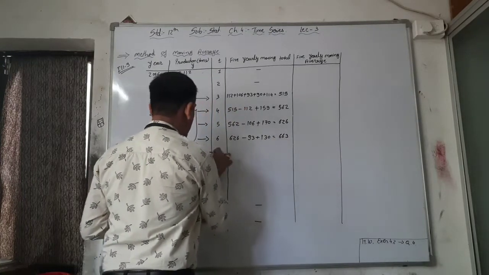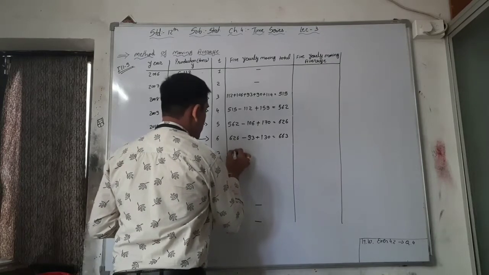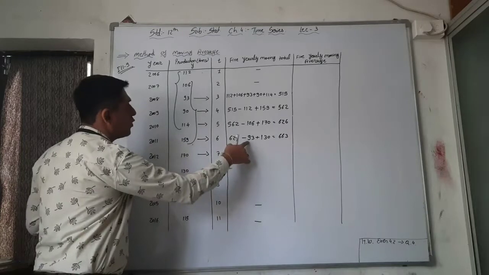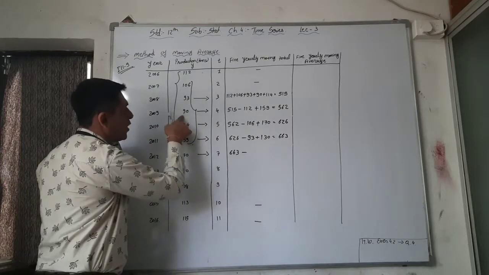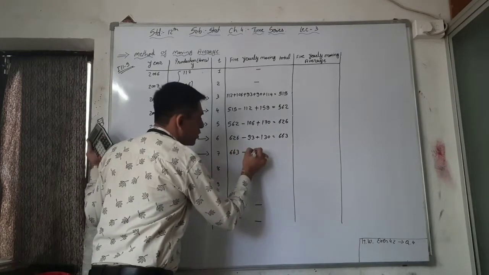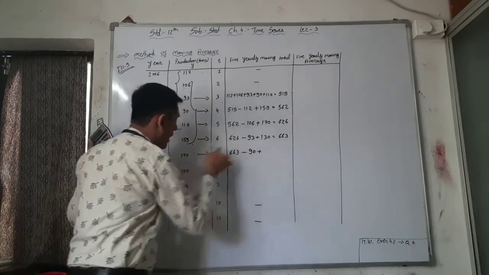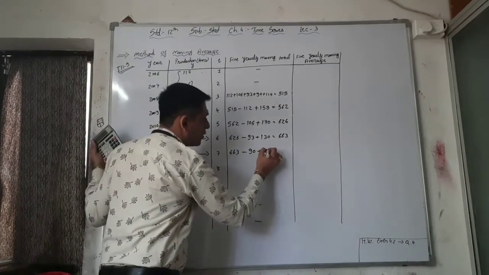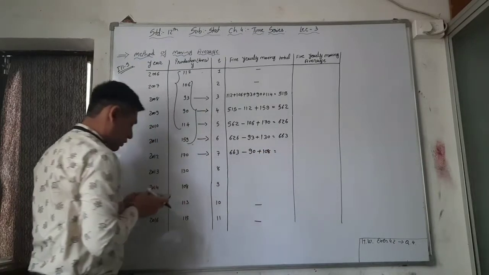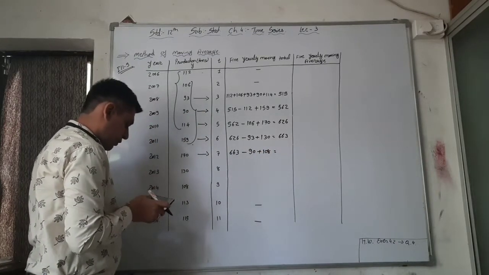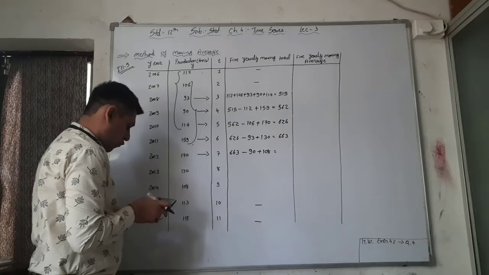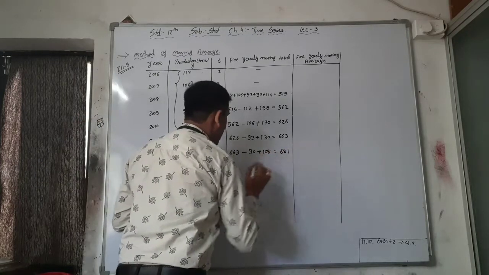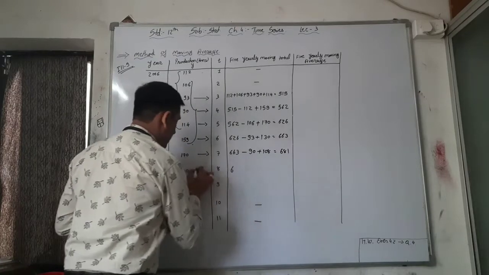Then for this 663, minus, after 93 which one? 90. So we have to subtract 90 and add, after 130, 108. So 663 minus 90 plus 108, that is 681.